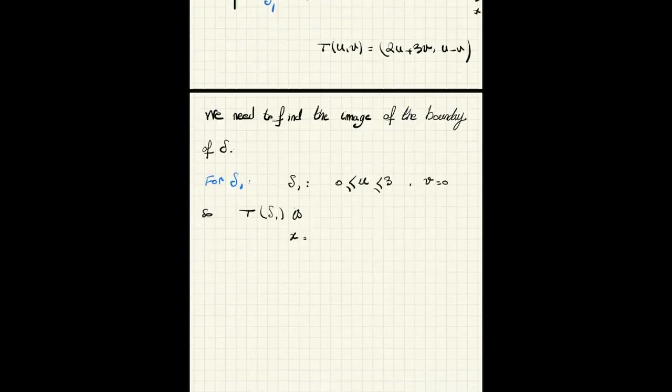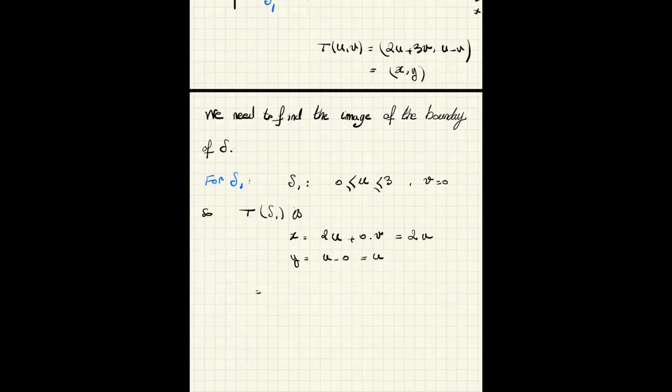So if I am on the region U between 0 and 3 and V is equal to 0, this is X and this is Y. So V is equal to 0, so X is 2U plus 0V, which is 2U, and Y will be U minus 0, which is U.